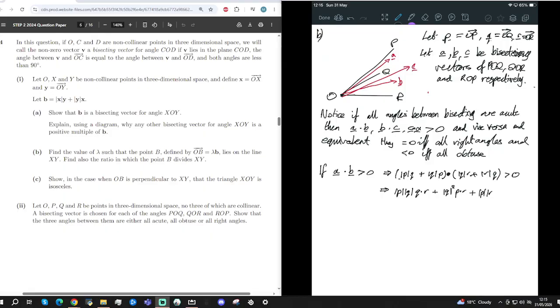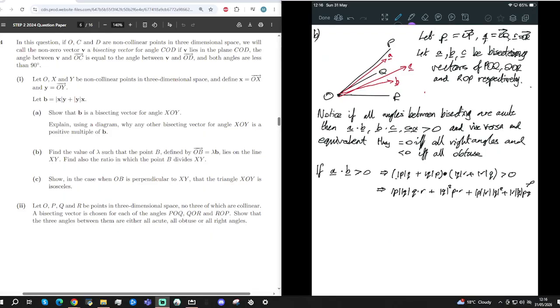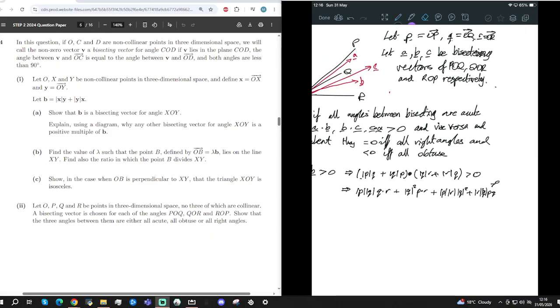Now let's make sure I'm doing every combination correctly. Q dot Q, which is Q squared, plus mod R mod Q P dot Q is greater than 0. Now, it doesn't quite look symmetric.